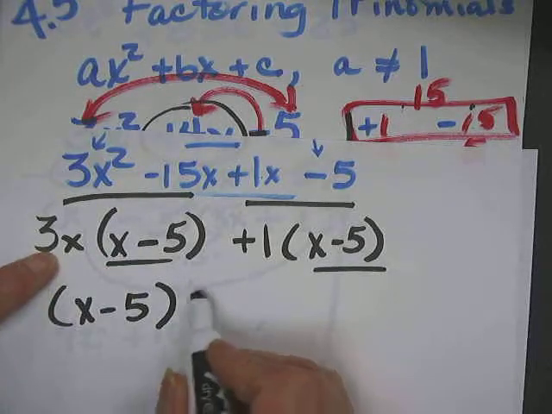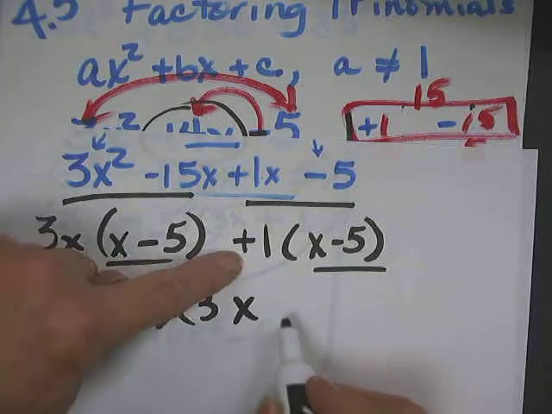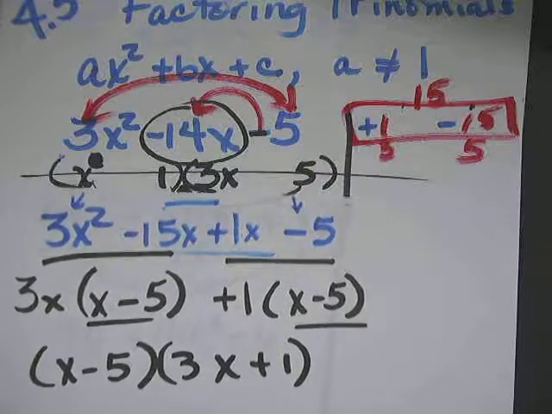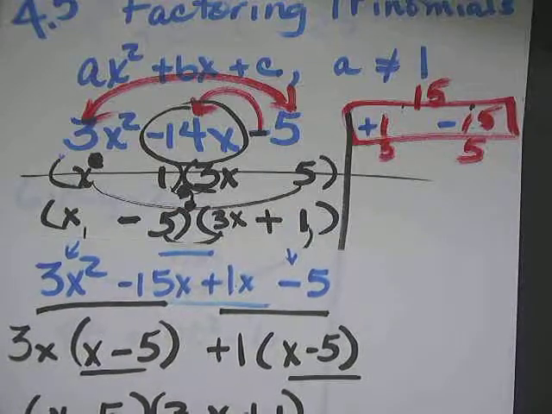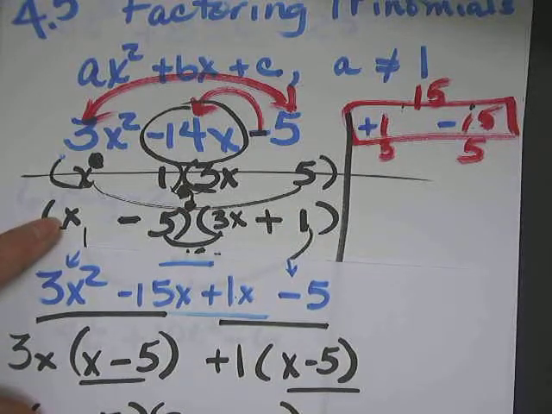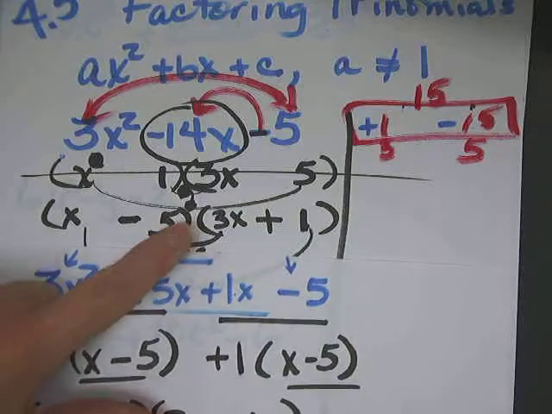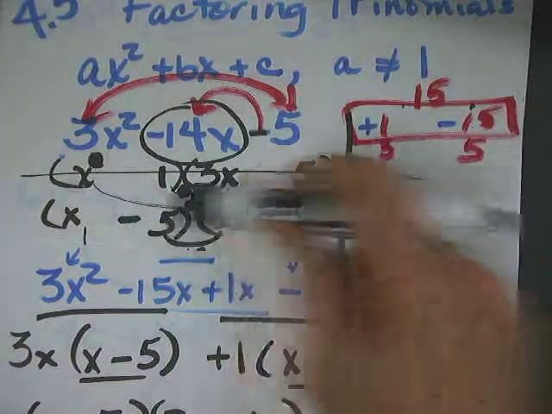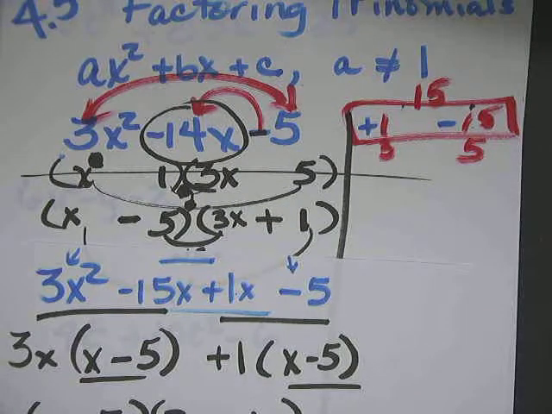Okay, so what do they have in common? x minus 5. The first one was multiplied by 3x. Second one was multiplied by plus 1. Is that the same thing we got a while ago? x minus 5 and 3x plus 1.